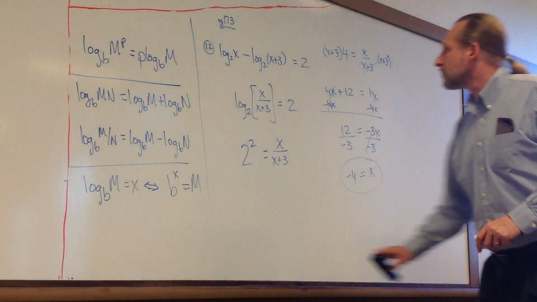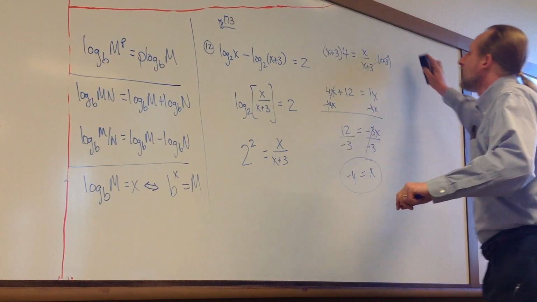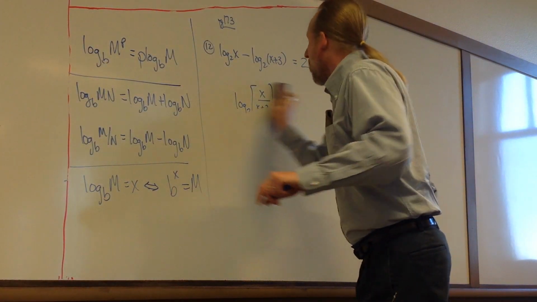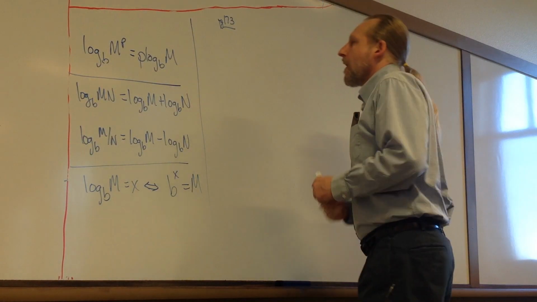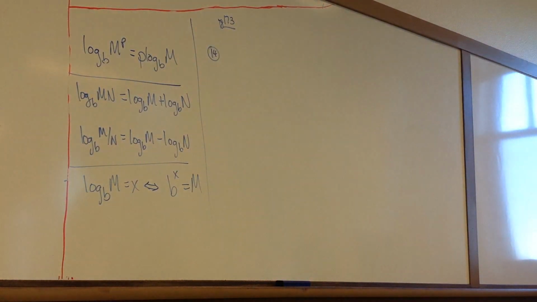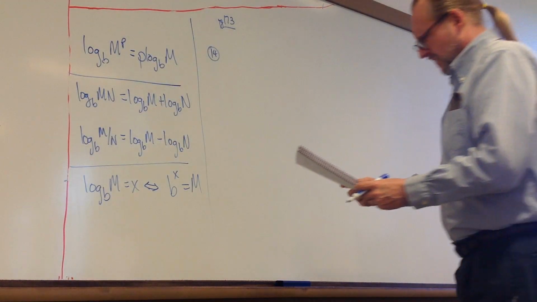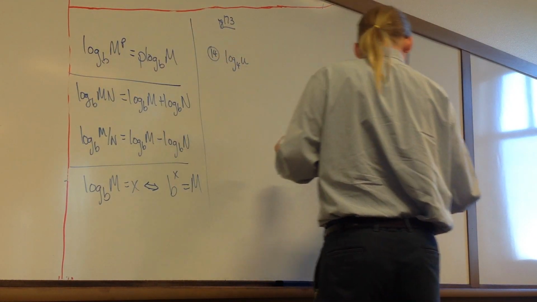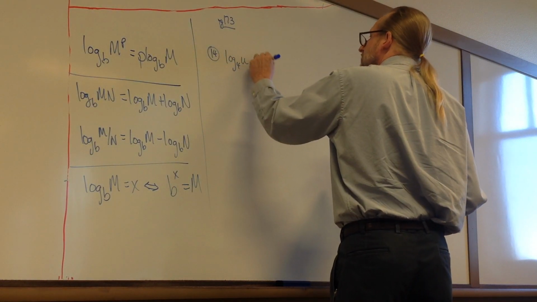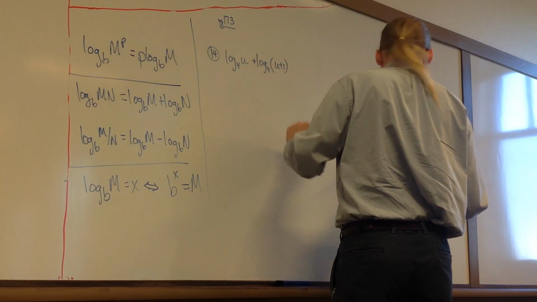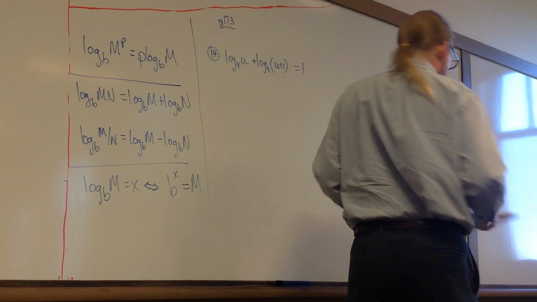I'm going to need some more space here, so I'll erase this one. And let's look at problem 14. Log to the base 4 of u plus log to the base 4 of u plus 1 equals 1.